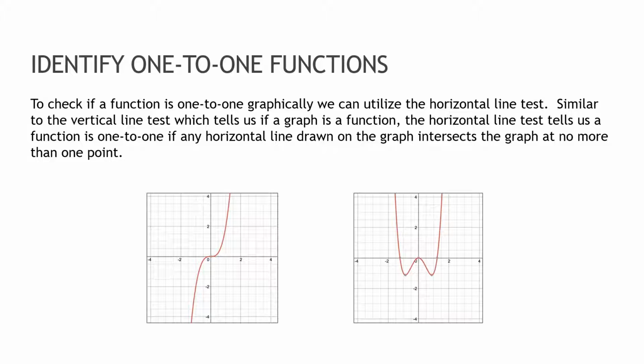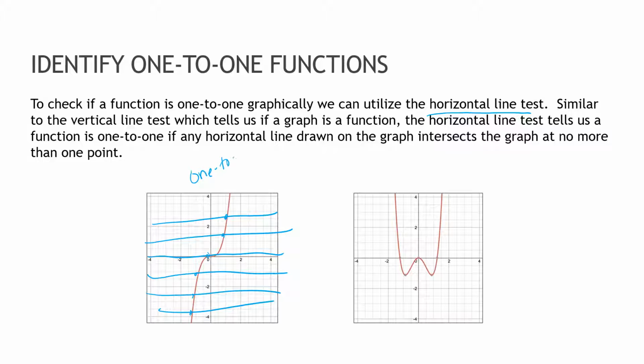We're looking at the horizontal line test, and it's the same concept: if I can draw a horizontal line and only ever hit one point, then it is one-to-one. So this one clearly is one-to-one. However, if I draw a line this way, notice I'm hitting 2 points, so this one is not one-to-one because it fails the horizontal line test.